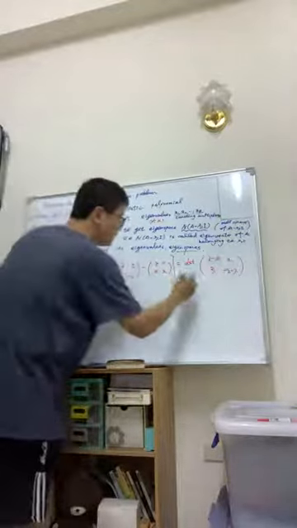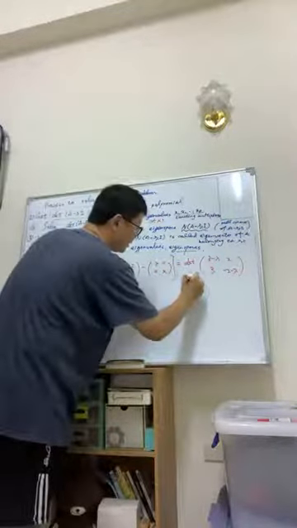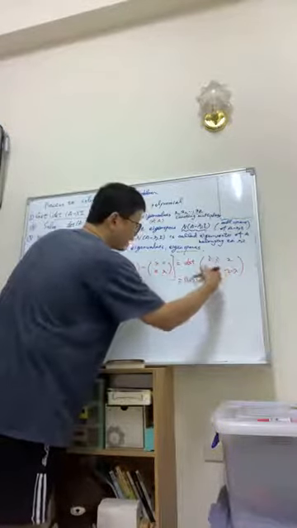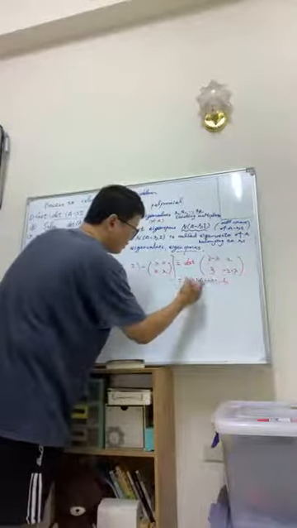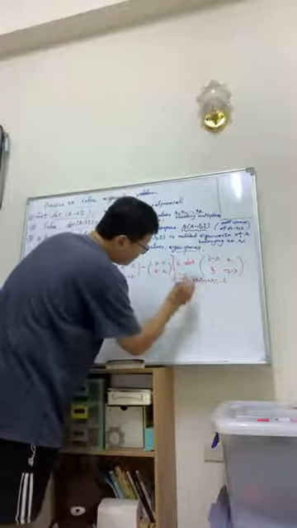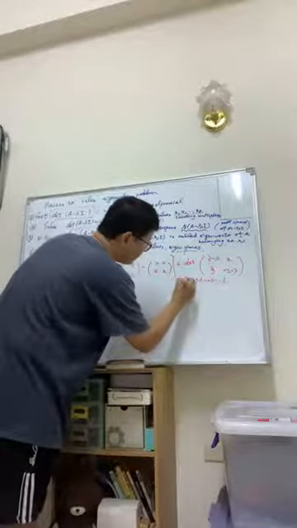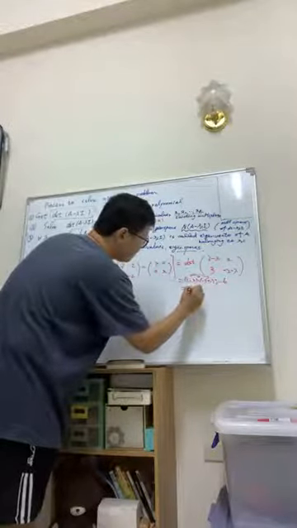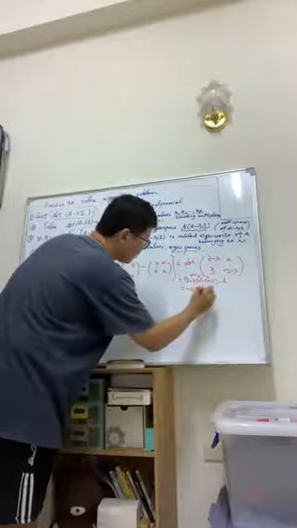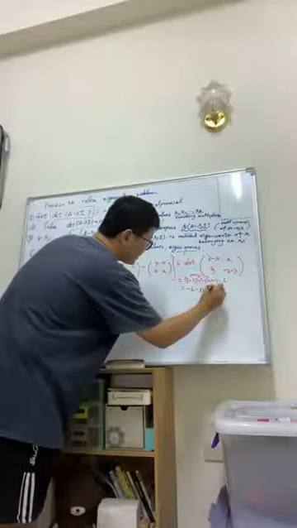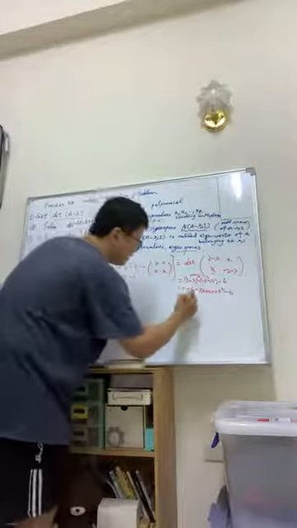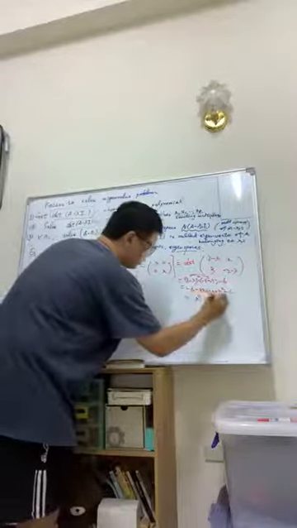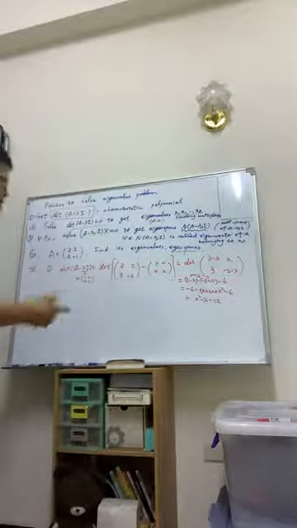Now just compute the determinant: 3 subtract lambda times negative 2 subtract lambda, subtract 2 times 2, which is 4. Expanding, it's negative 6 subtract 3 lambda plus 2 lambda plus lambda square, subtract 4. That is lambda square subtract lambda subtract 6.